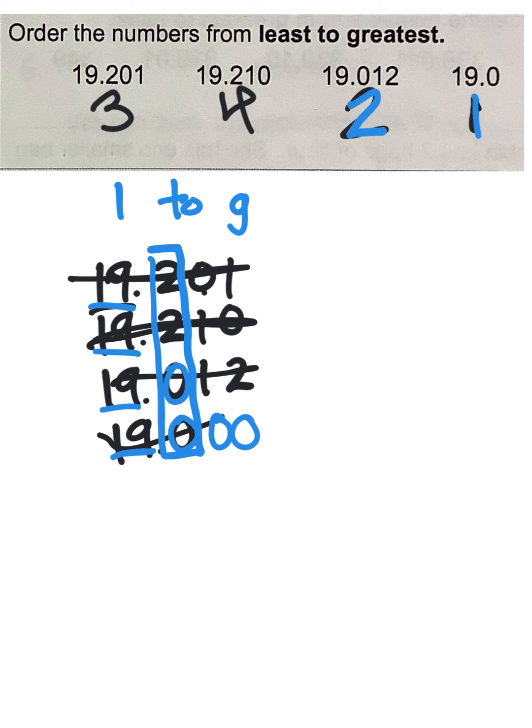She went with that one second because of that 0 in the tenths place, but it has a 12 behind that tenths place. So now we're looking for the 2 largest. She did get this correct here because our tenths were equal, but when she went to the hundredths, that 1 was greater than the 0, which is why she said the greatest was 19 and 210 thousandths.